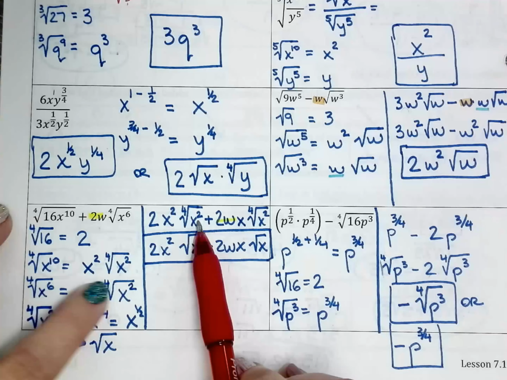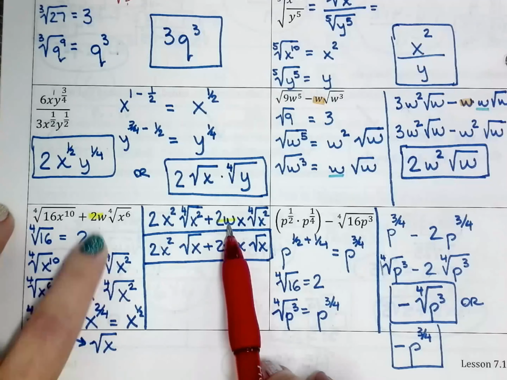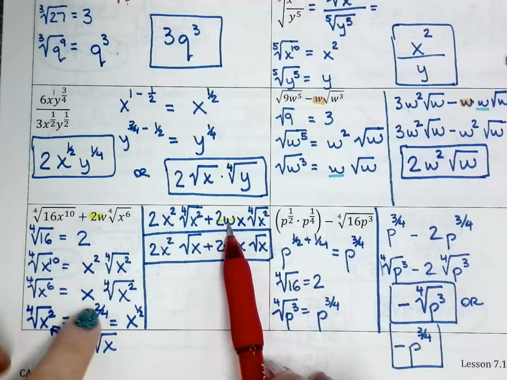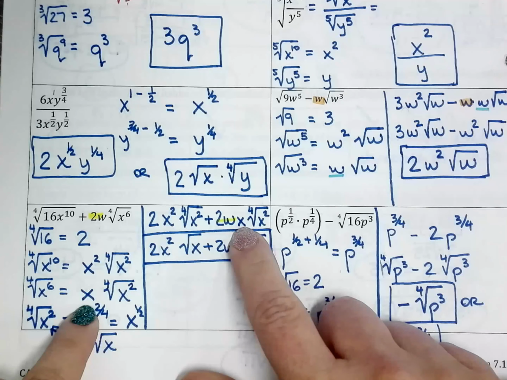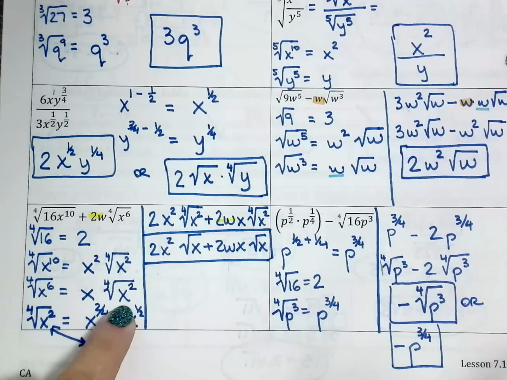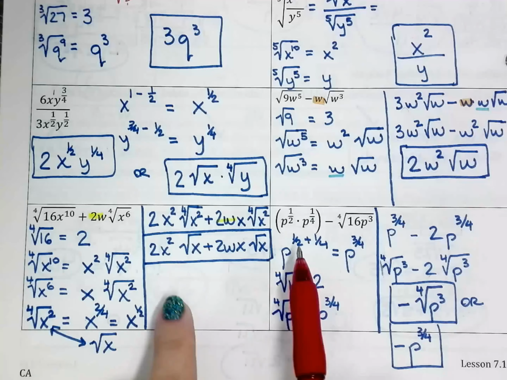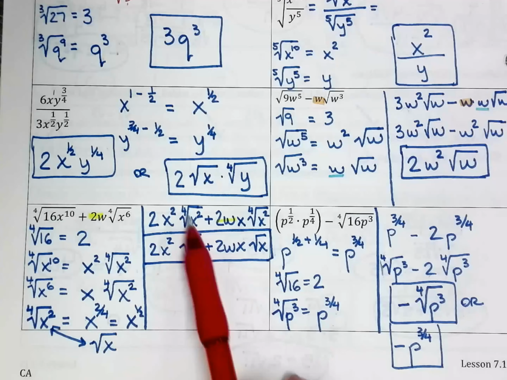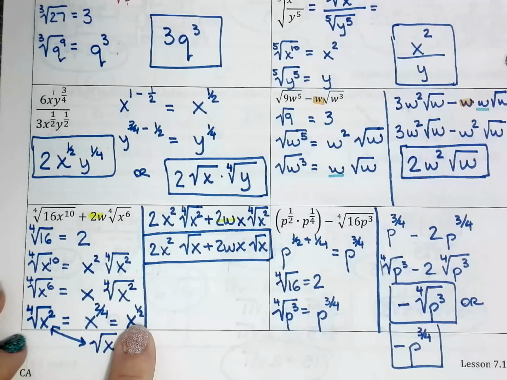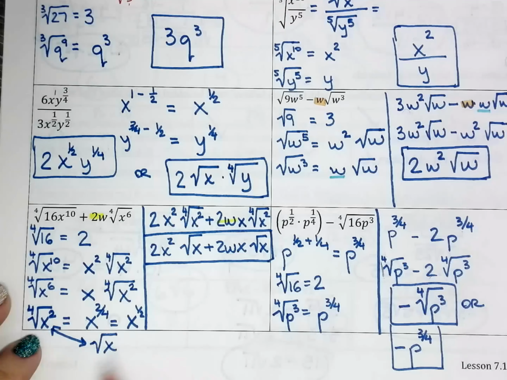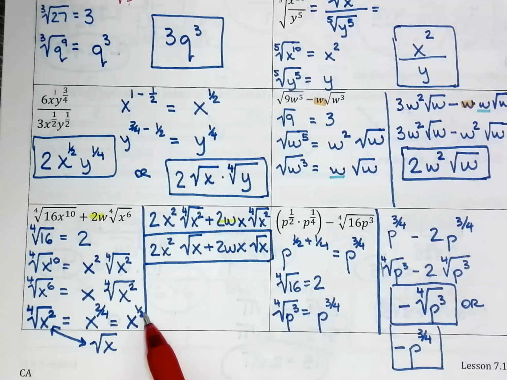When you put them together, this 2 came from over here. This x squared, the fourth root of x squared, is this one. Plus this 2w is this one. This x is this x, the fourth root of x squared. Now when I put them together, I can simplify the fourth root of x squared. That's what I did here. But why is this true? Well, I can go from the radical to the rational exponent. Remember, the exponent is the numerator, the index is the denominator. When you simplify that fraction, that makes 1 over 2.